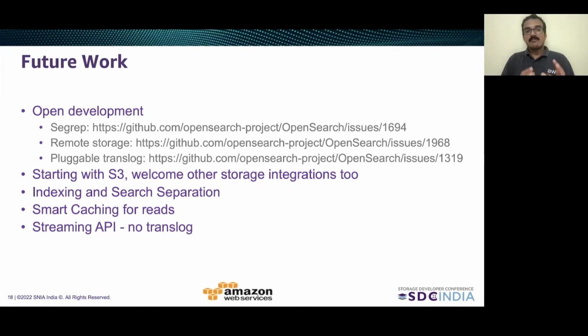We are also thinking of supporting an option in pluggable translog where you can decide on no-op translog, which means there is no translog at all, which can definitely improve the performance even further. This is usable if you don't need durability within the OpenSearch cluster and you have durability outside of the cluster anyway.